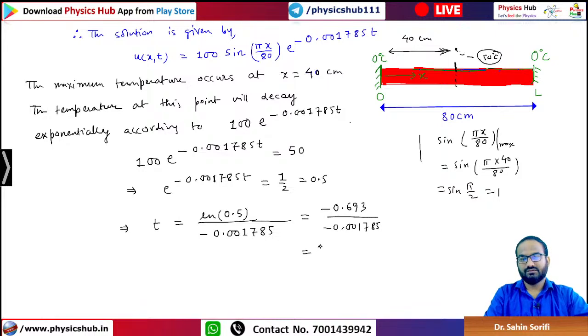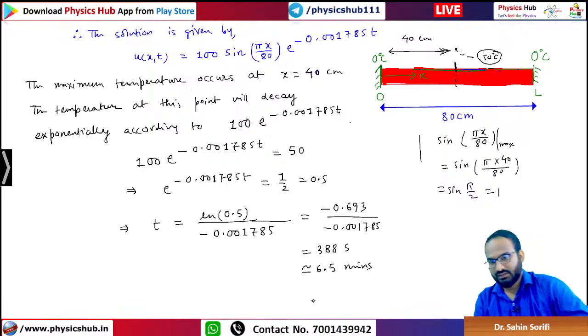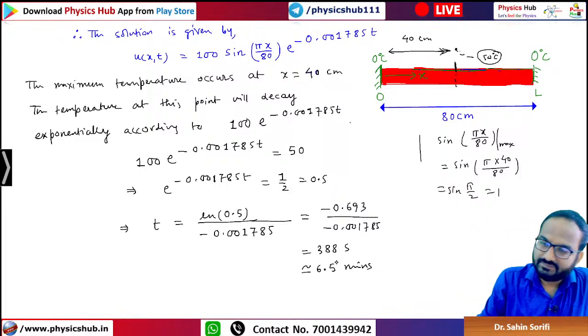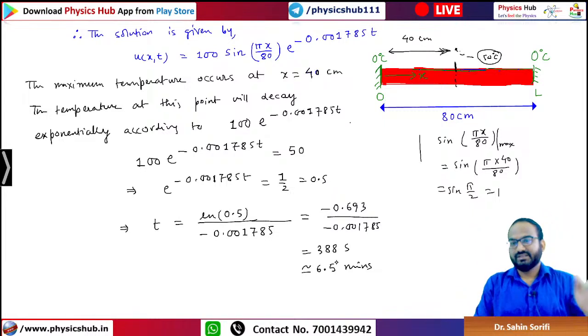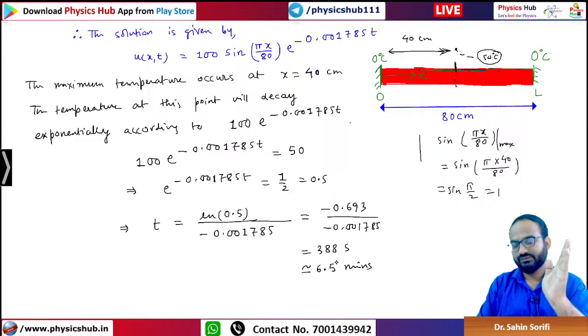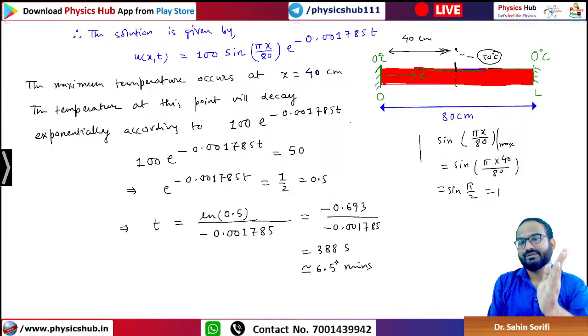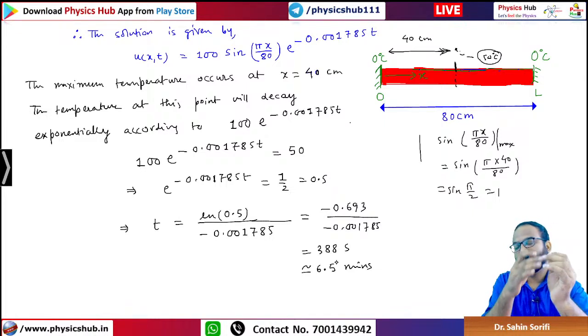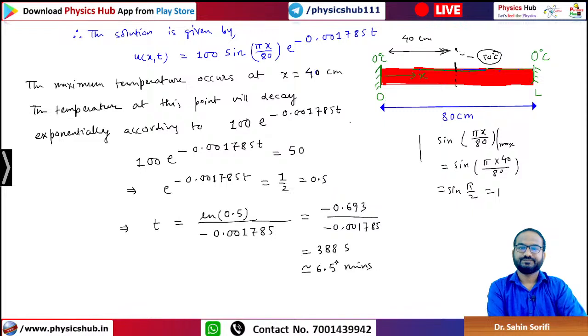This will give you around 388 seconds, approximately 6.5 minutes. So you have the maximum temperature at the mid of the bar. Now within 6.5 minutes, the temperature will fall down to 50 degrees centigrade.